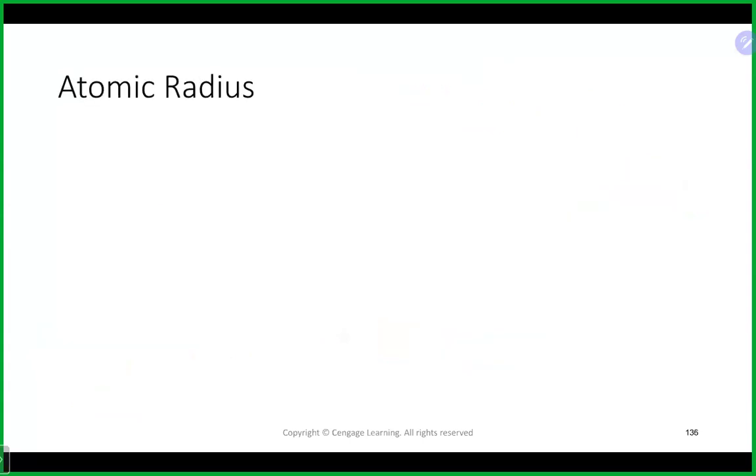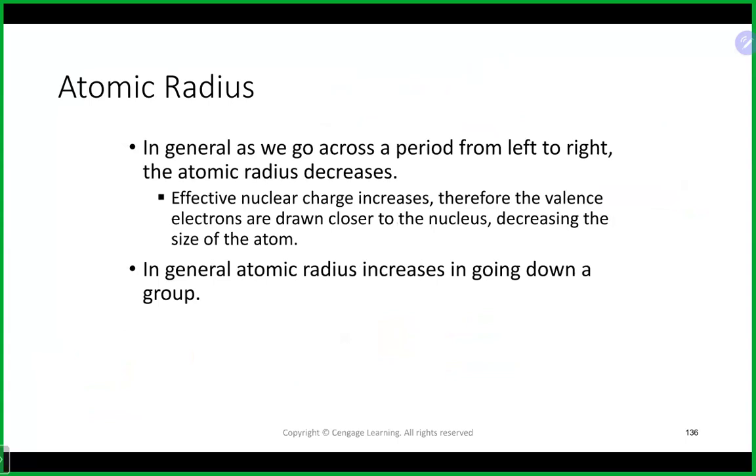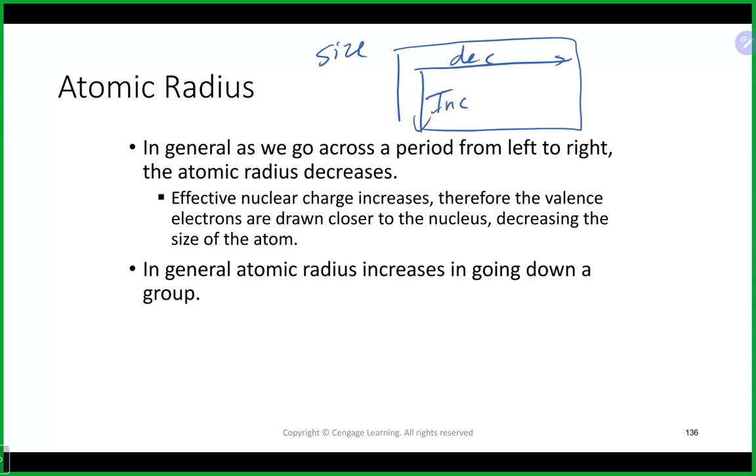All of that results in atomic size getting smaller when you go up and to the right on the periodic table. So size decreases as you go up to the right and increases as you go down and to the left. On the opposite end, going down and to the left, you have a smaller effective nuclear charge, which means the outer electrons are not pulled in close to the nucleus.